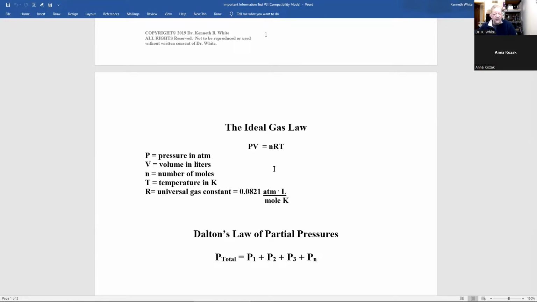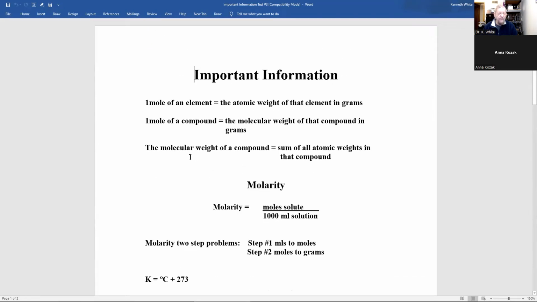But if you notice the ideal gas law, PV equal nRT, and right here, N is the number of moles. You'll also be given 1 mole of a compound equals the molecular weight of that compound, and the molecular weight of that compound is the sum of all atomic weights. So now we know we can solve this problem.